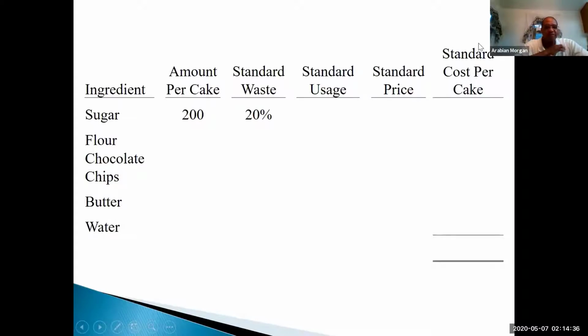Now remember, whatever number you come up with, when you subtract 20% of it, you need to wind up with 200. If you subtract 20% from your standard usage number, you should get 200. If you don't get 200, you got the wrong answer.